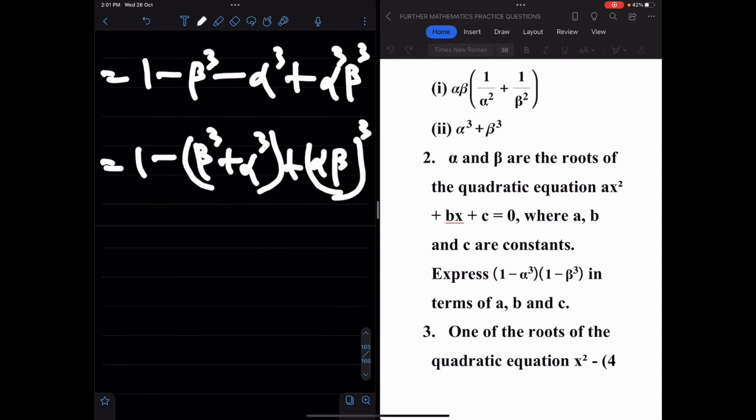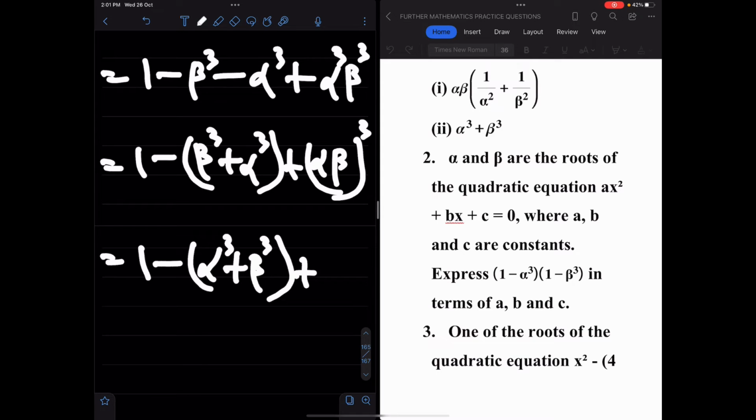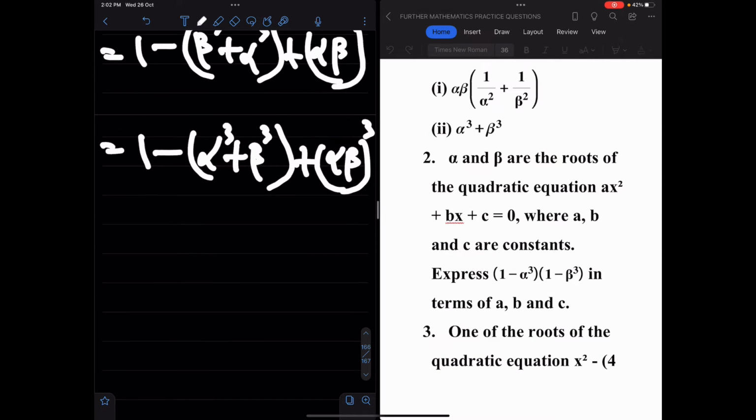Yeah, the cube of alpha beta, and that's simply the same as 1 minus. Now, beta cubed plus alpha cubed is the same as alpha cubed plus beta cubed. Let me just rewrite that. It's unnecessary, but I'm just writing it so we don't get confused at all. So alpha cubed plus beta cubed plus the cube of alpha beta.